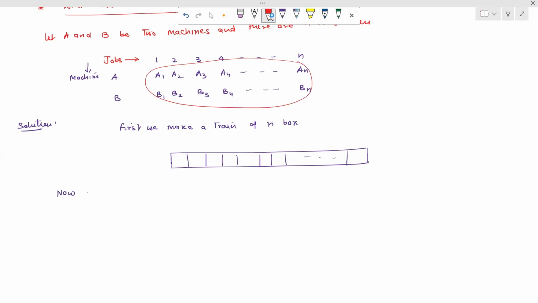So now we select the minimum time from the given table. So here we select the minimum time.